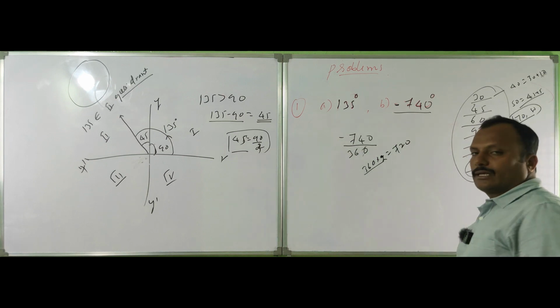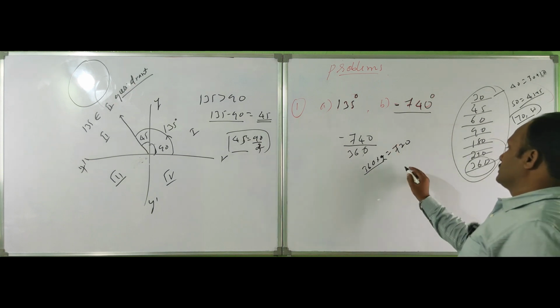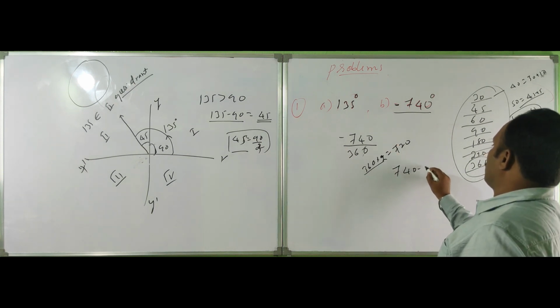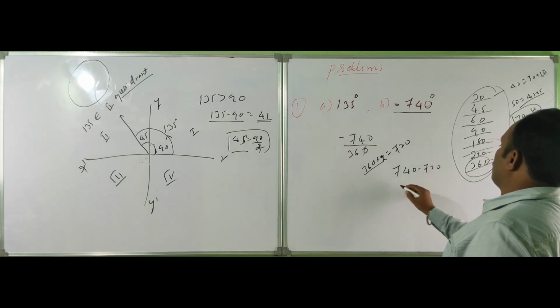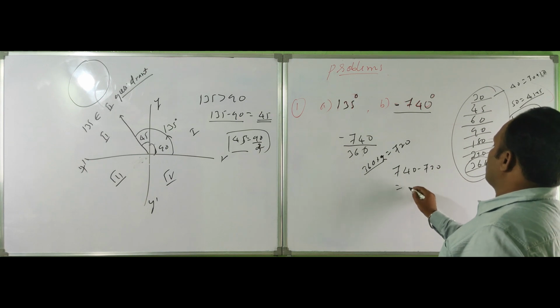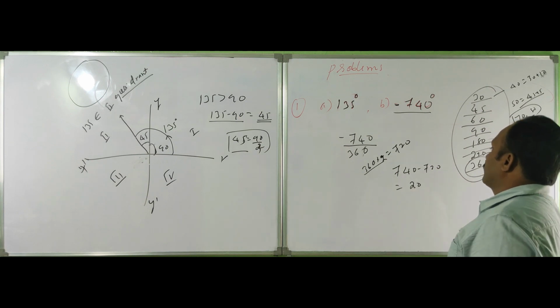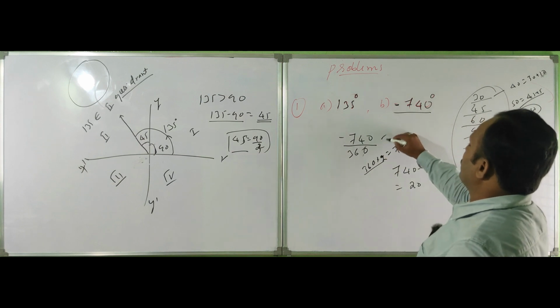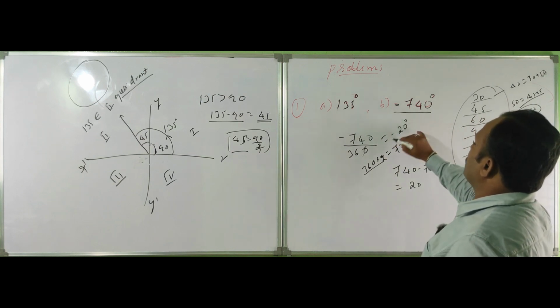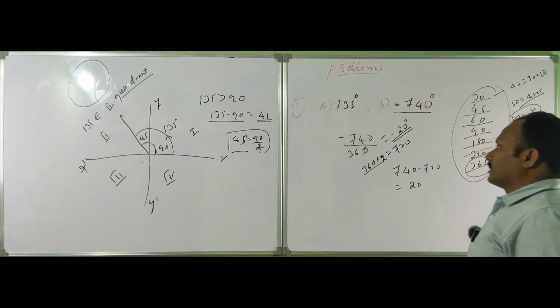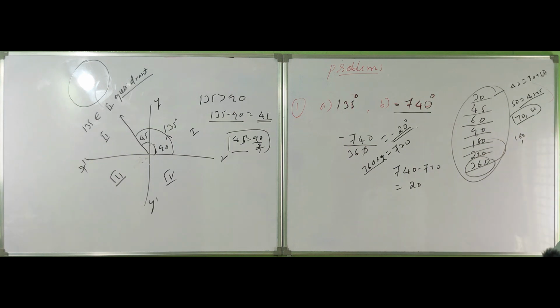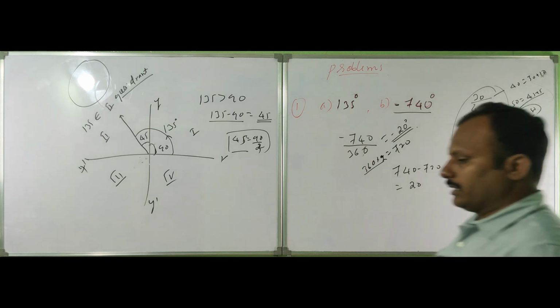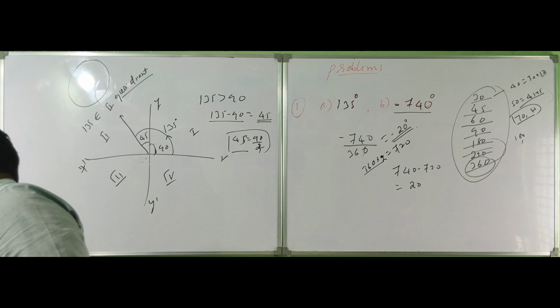So the remaining is 740 minus 720, which is 20. So this value becomes minus 20 degrees.